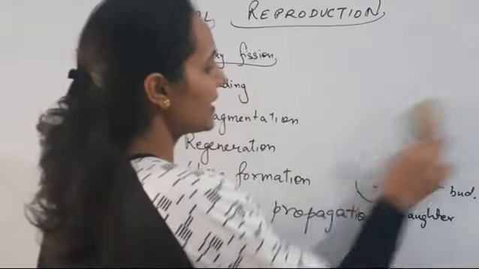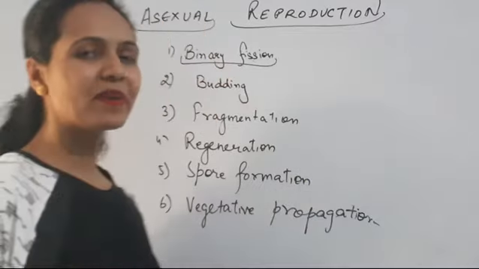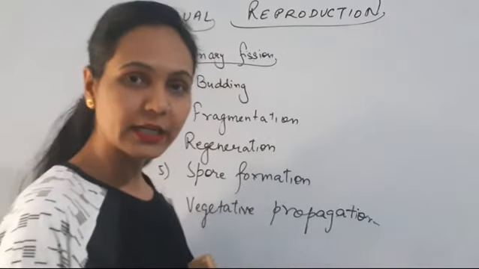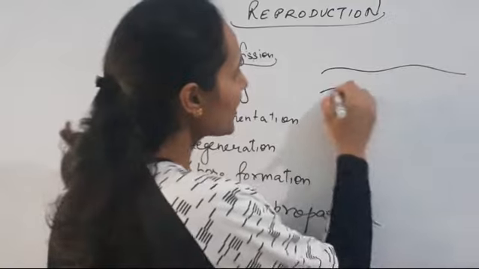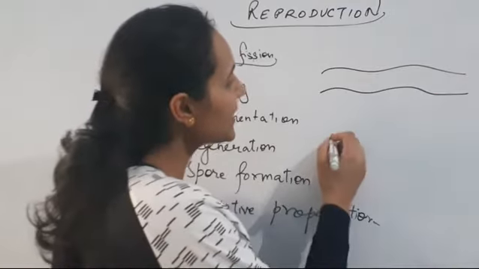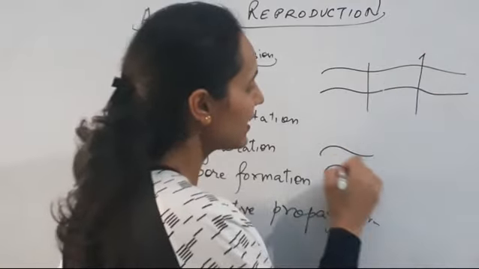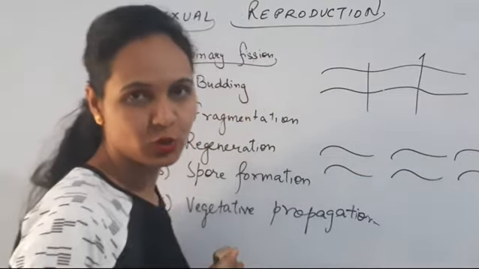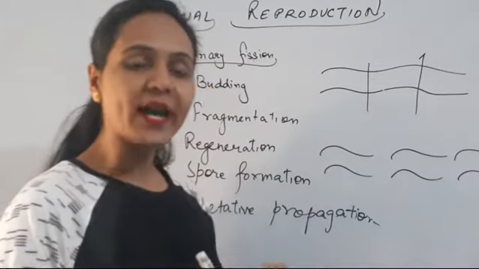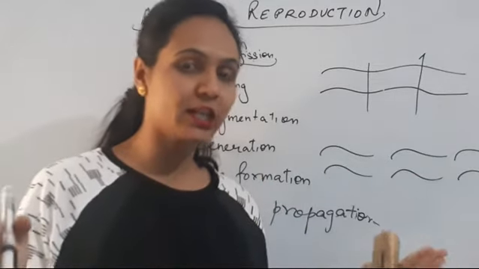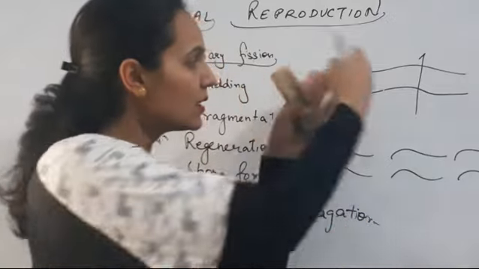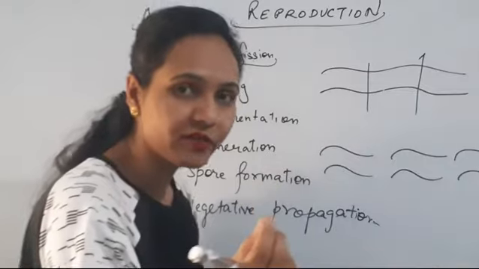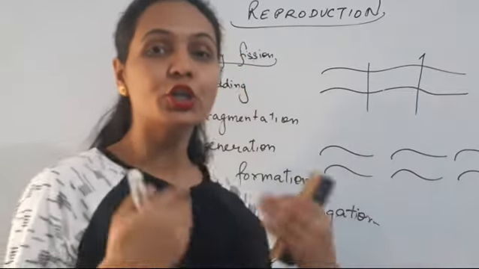Next is fragmentation. So what happens? Fragmentation means the forming of fragments. Here one organism separates into various fragments like this, and each fragment behaves as a new individual. Once an organism attains a particular length in its growth, it breaks down into smaller fragments, and each will generate a new organism.